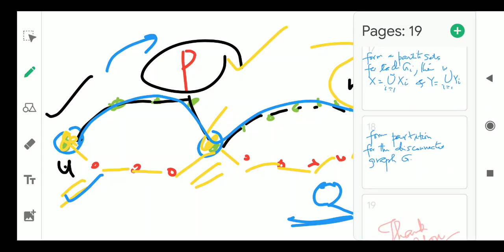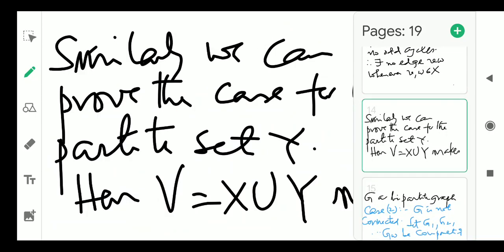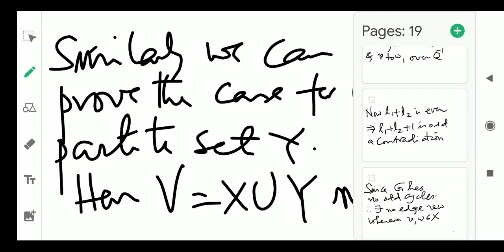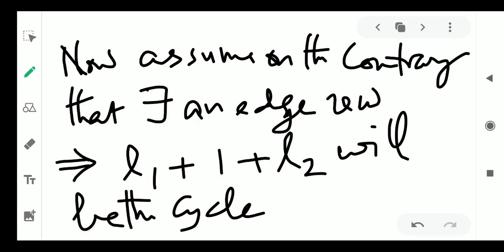That's what we are going to get. Now assume on the contrary that there exists an edge VW. Then you will be getting a cycle.